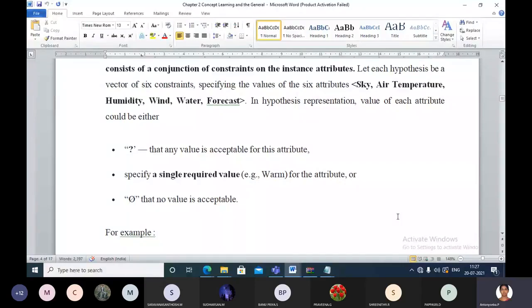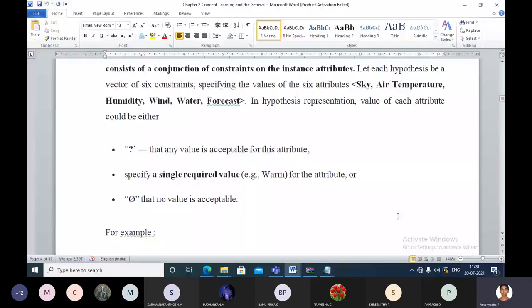Actually, we have to do general to specific ordering as well as specific to general. Both are possible, but in case of the Find-S algorithm, we are moving from a specific ordering to a general ordering, considering only the positive examples.